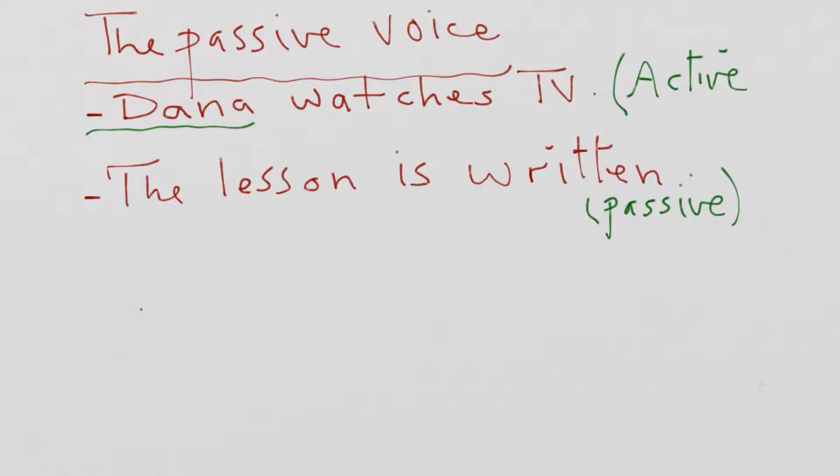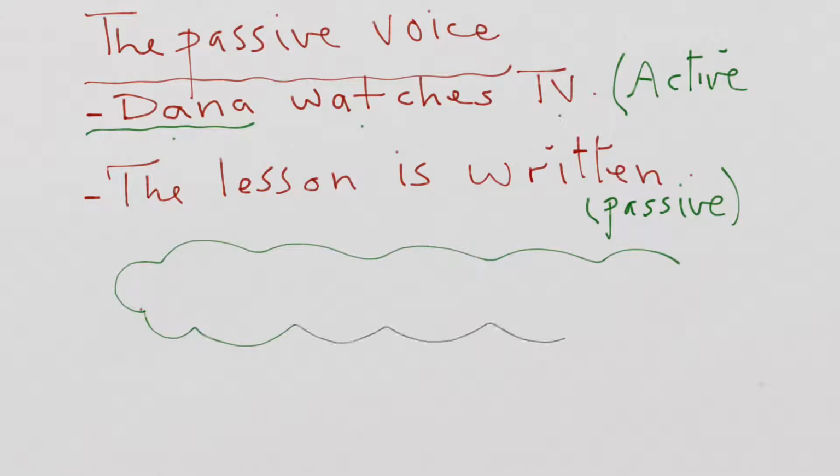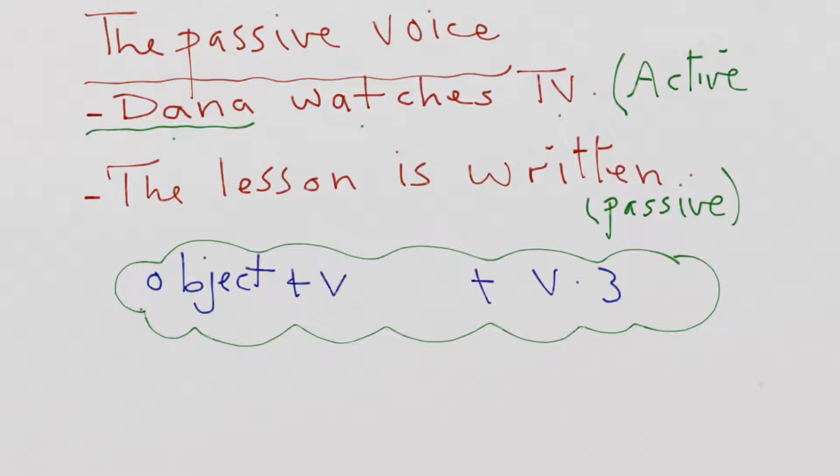An active sentence begins with subject, verb, object. But to change it into passive, you have to follow this. You have to begin by the object of the sentence, and then you have to change the main verb into verb 3, and you have to use verb to be.